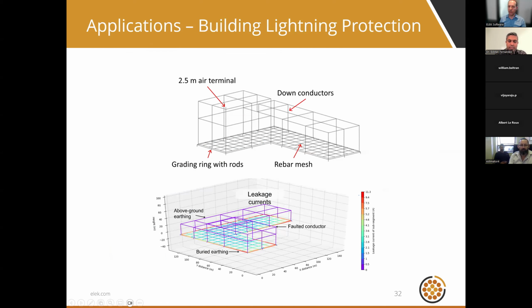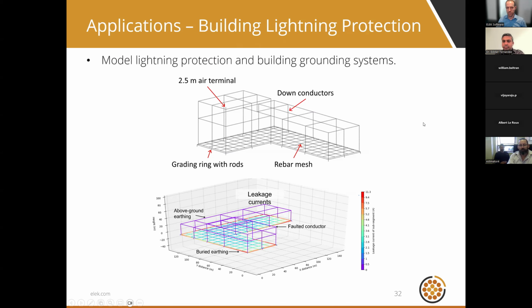Perhaps we may want to model a building lightning protection system. We can model it in 3D, and we can simulate a lightning strike to that system, and we can look at the voltages and currents.